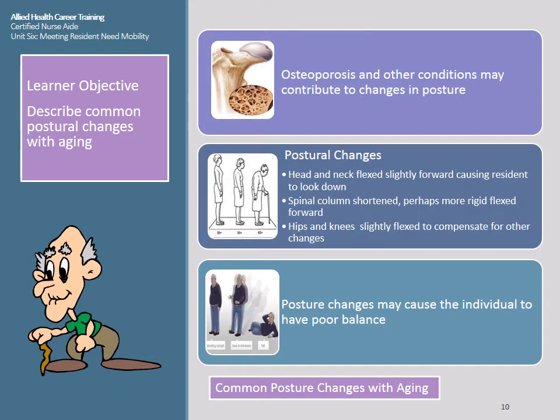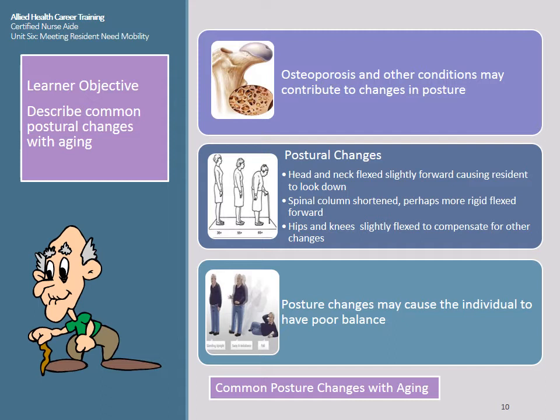Now let's describe common postural changes that happen with aging. Osteoporosis and other conditions may contribute to changes in our resident's posture. Their head and neck flex slightly forward, causing the resident to look down. I have a little saying that I always like to say, what looks down goes down.